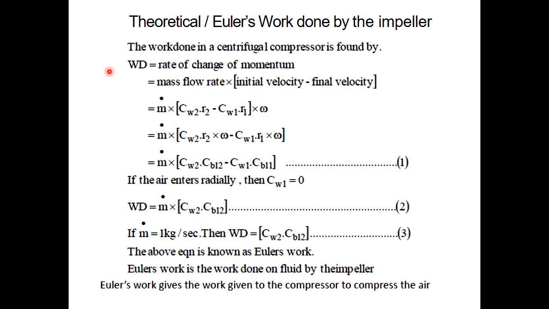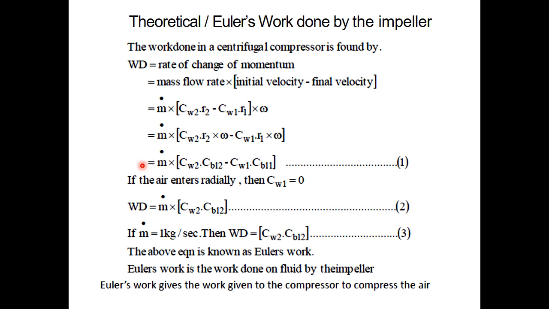Theoretical work done by the impeller, or Euler's work. The work done in a centrifugal compressor is found by the rate of change of momentum, that is, work done equals mass flow rate into initial velocity minus final velocity. So m dot into (Cw2 r2 minus Cw1 r1) into angular velocity omega, that is, m dot into Cw2 r2 omega minus Cw1 r1 omega.